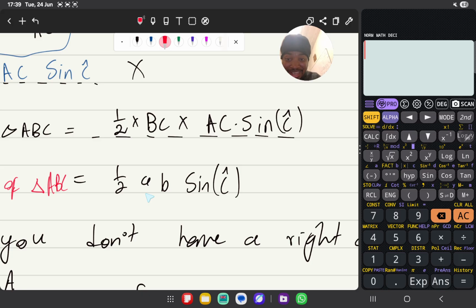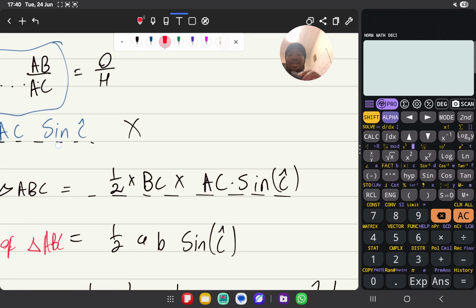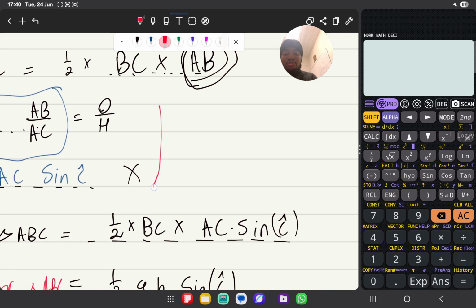So you see A, B, C. I'm sure right now you are thinking what I'm thinking. So right here I will write 2 other formulas for the area of a triangle ABC.